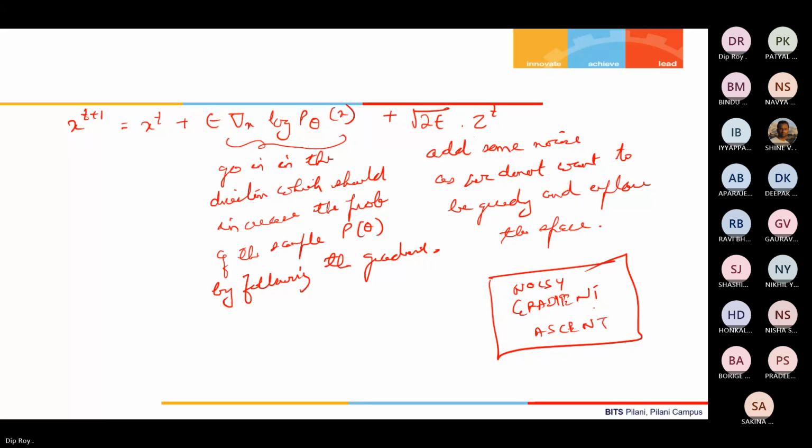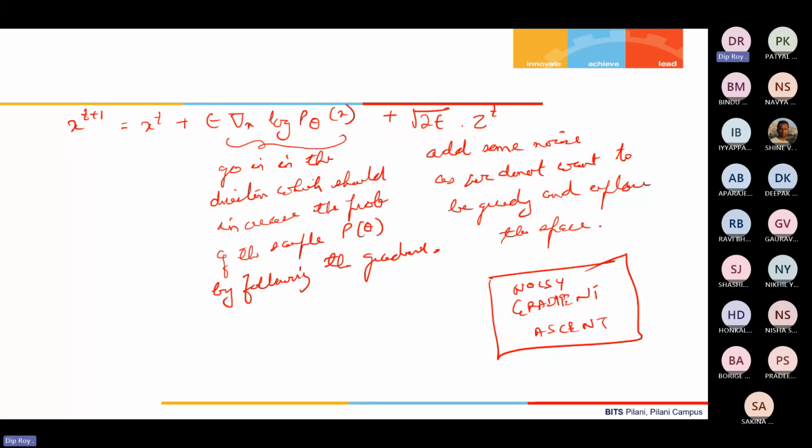This technique says take a sample xt, follow the gradient, and add a little bit of Gaussian noise, and we should be able to sample better. It is better than the previous technique because there we were blindly making changes by adding some small noise and trying to see whether it is better. But here we are following the gradient, which is a much more informed decision.